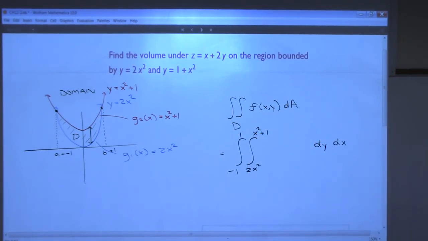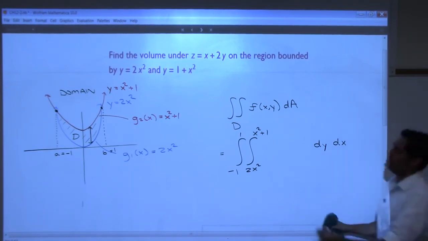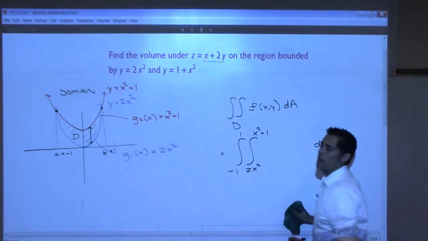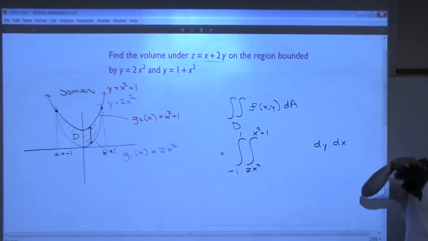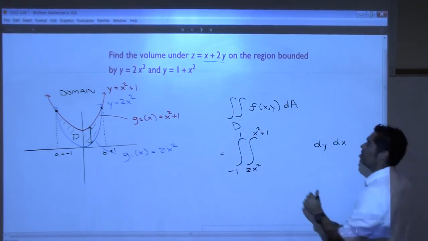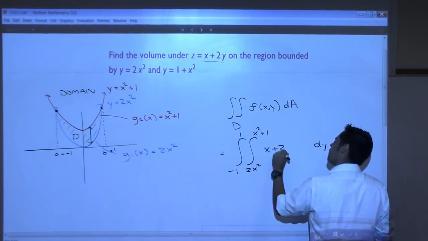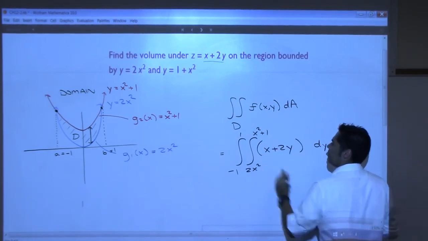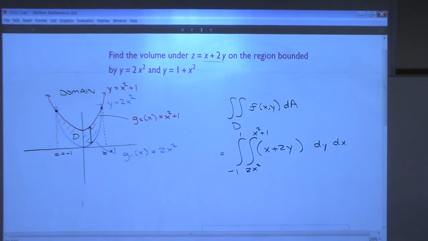And then the actual function that we're integrating is what? This right here. Right? That's the surface above that we're trying to find the volume underneath. So x plus 2y. That's it right there. This is our type 1 region. Questions?